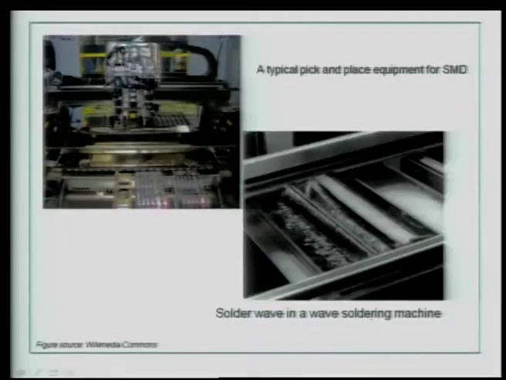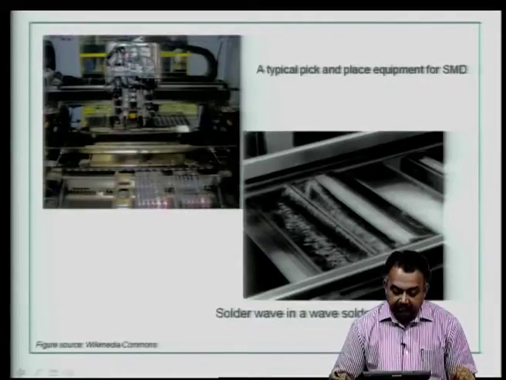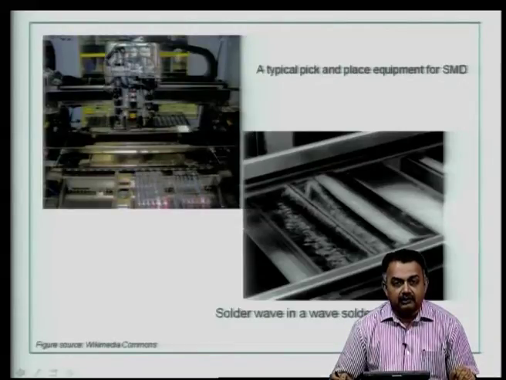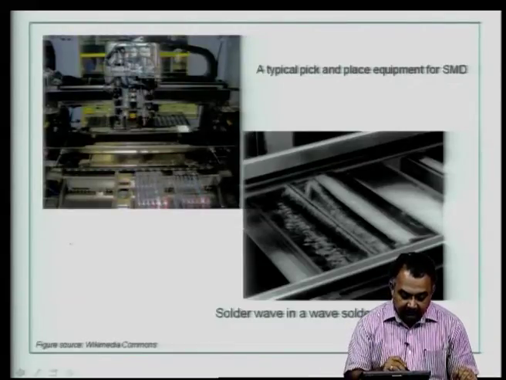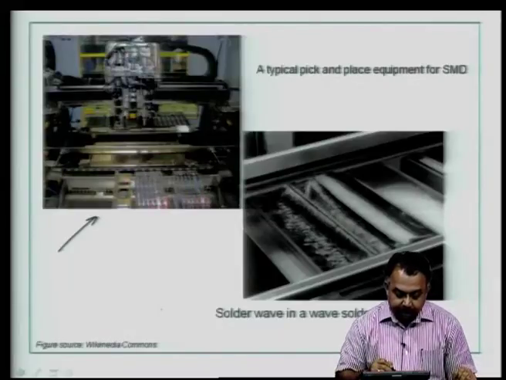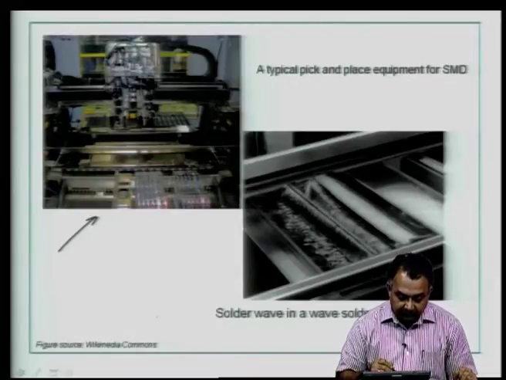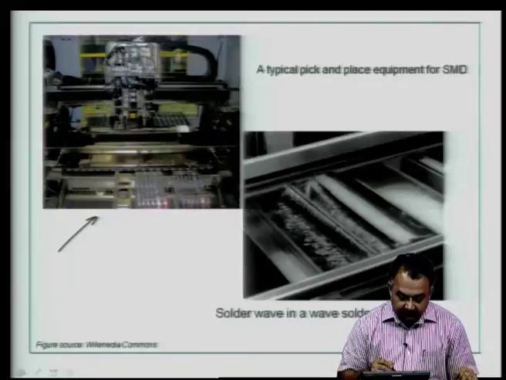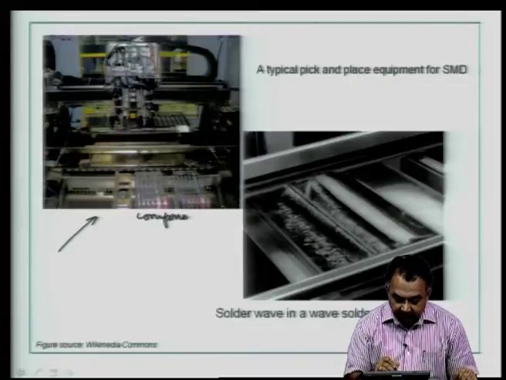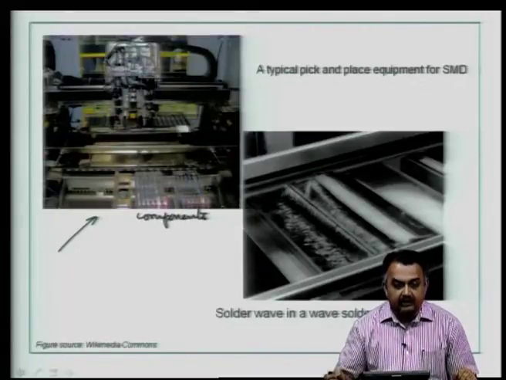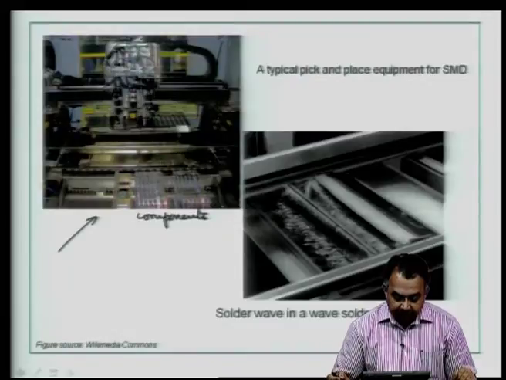Here in this picture, you can have a look at pick and place equipment for surface mount devices. As you can see, it is a huge, expensive machine, and it allows the loading of various components that are required for a particular design.